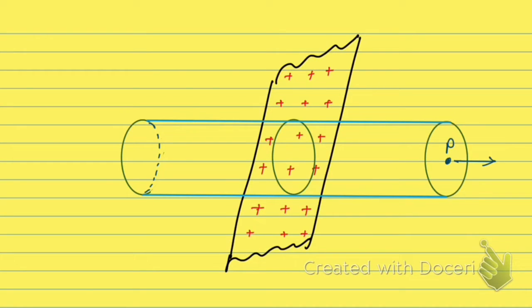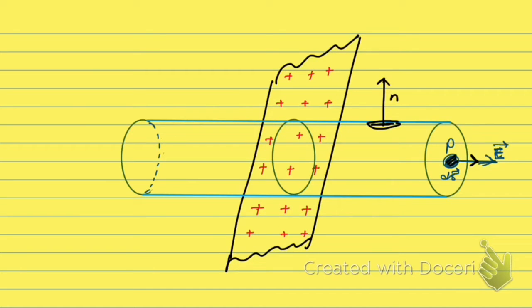This is the direction of electric field, which is in the outward direction, away from the positive charge, right? And the direction of the area vector, this is a very small area suppose, and the area vector must be perpendicular to the area. This is the direction of the area vector. So on the curved surface, the area vector should be perpendicular.